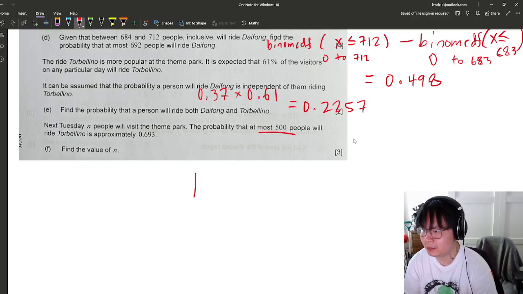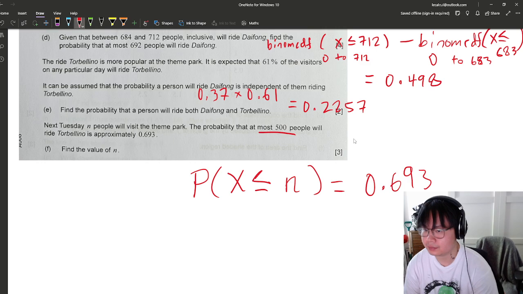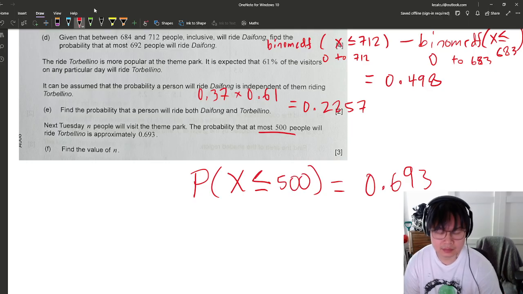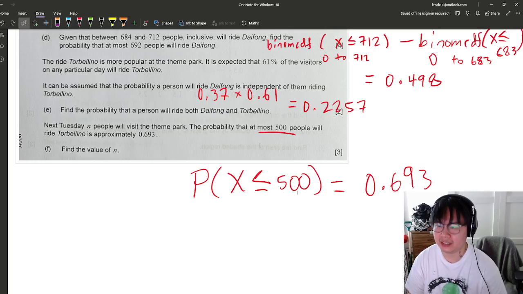So at most 500 people is P, right? And then we want to find some upper boundary N, and this is going to be 0.693. I think I had a similar question in the HL, and I don't think you guys can do this algebraically if it's a cumulative.